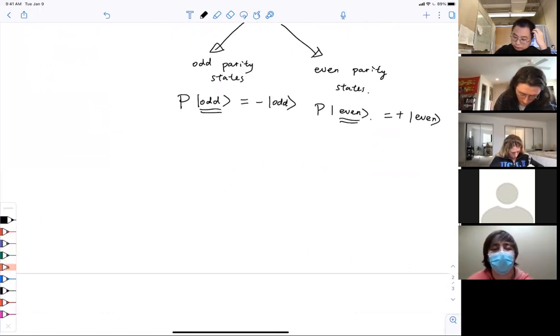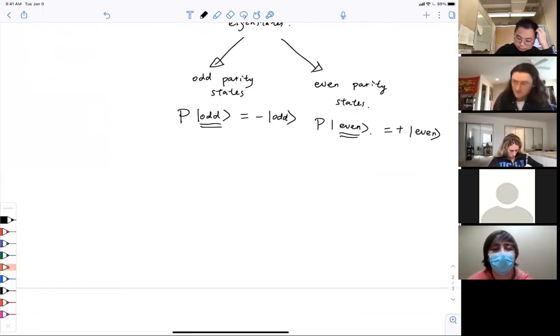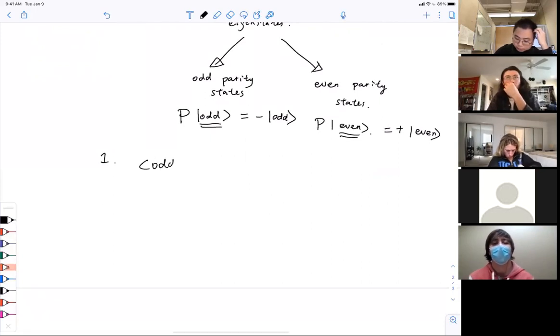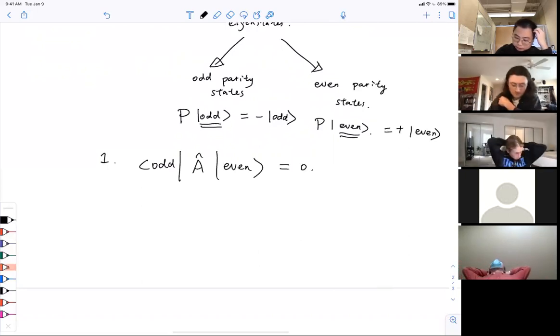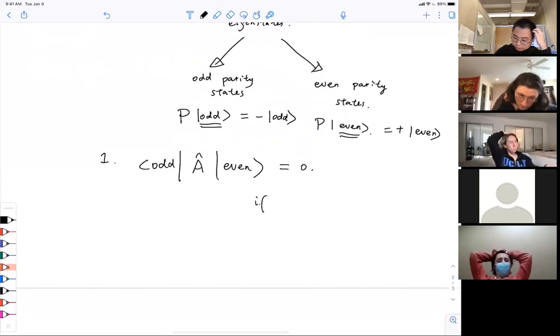Let's look at an example. Basically, when I say selection rule, I mean this guy is 0 if A is even under the parity operation.